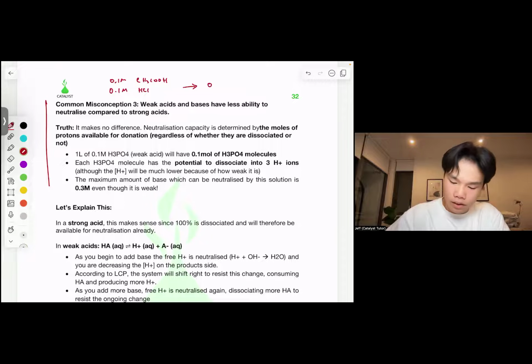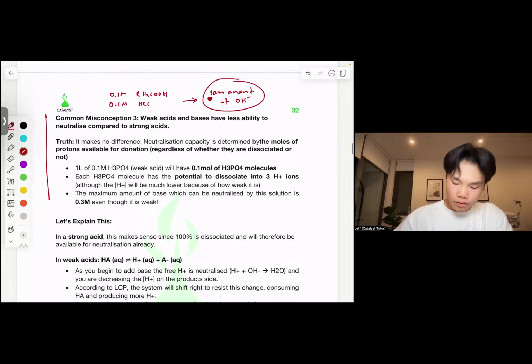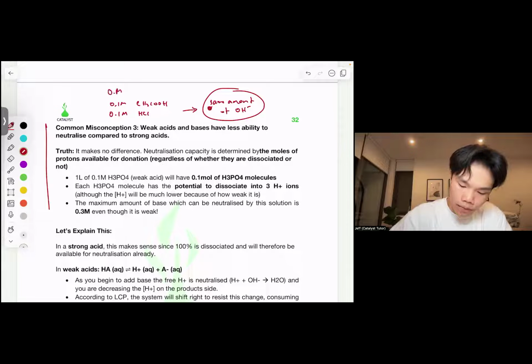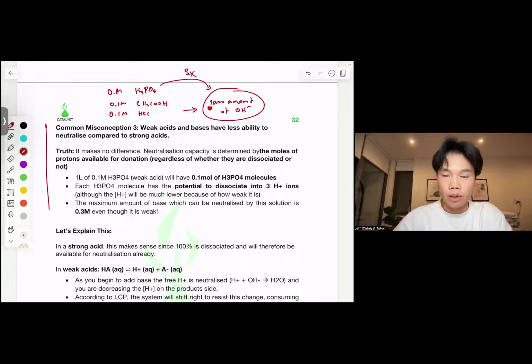the same amount of OH minus. It doesn't matter that they're weak. And then beyond that, if you have 0.1 molar of H3PO4, this would be able to neutralize 3 times more. So what does that tell us about what determines how much base an acid can neutralize?